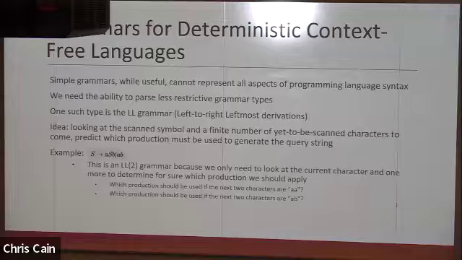LLK, which is there's LL1, LL2, LL3 up to LLK for some K. It says how far ahead into the string we need to look to be able to determine for sure which production to apply.